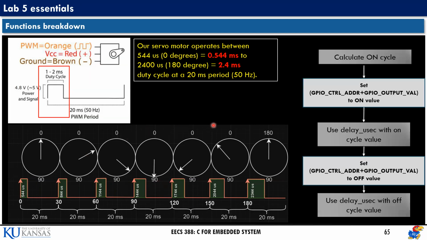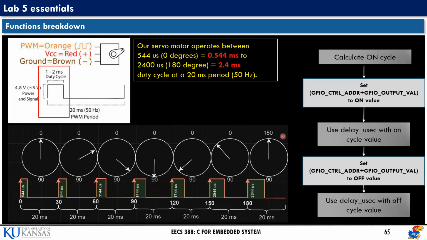At a high level, what you have to do in that function is first calculate the on cycle, the value you need to add to the existing cycle, and then set the GPIO output, because we are connecting our servo motor through a GPIO pin.